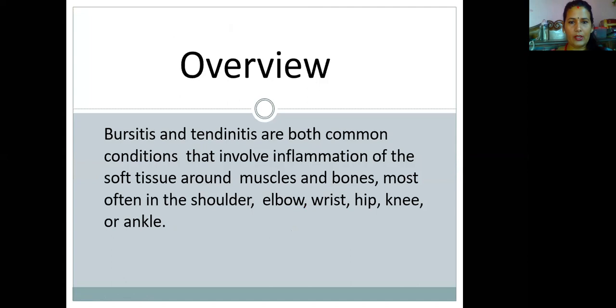Both are common conditions that involve inflammation of soft tissues around the muscles and bones, most often in the shoulder, elbow, wrist, hip, knee, or ankle.